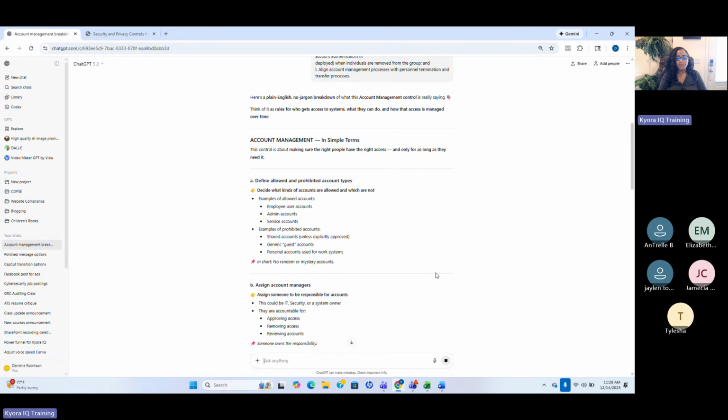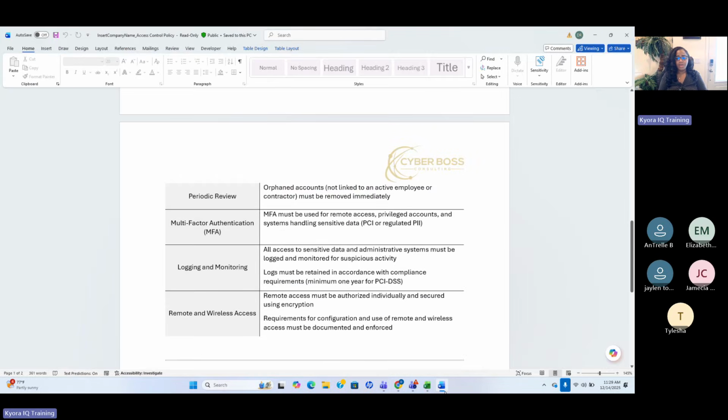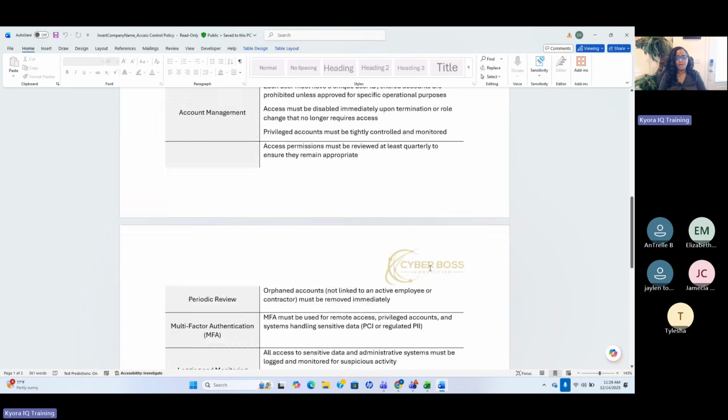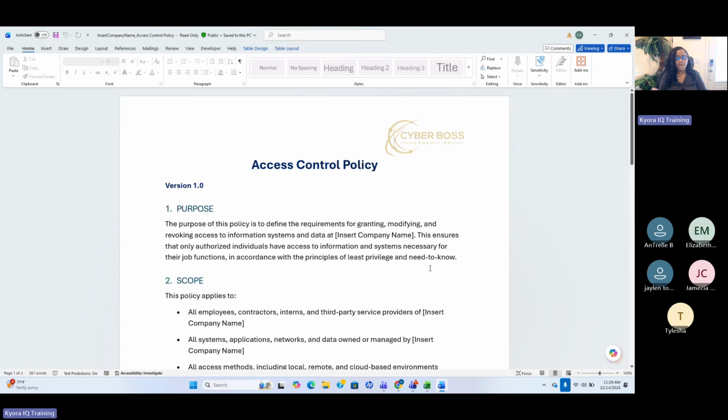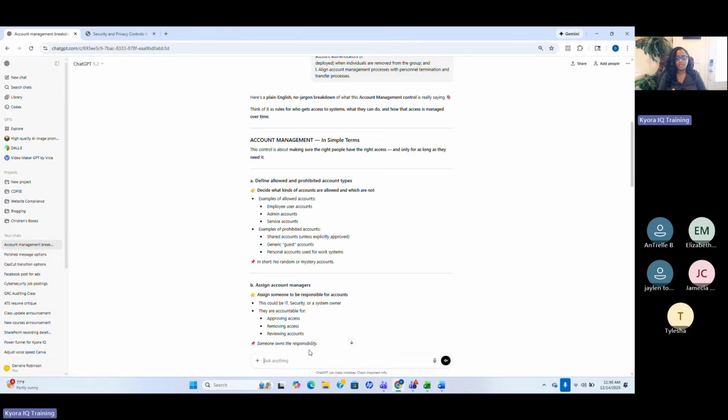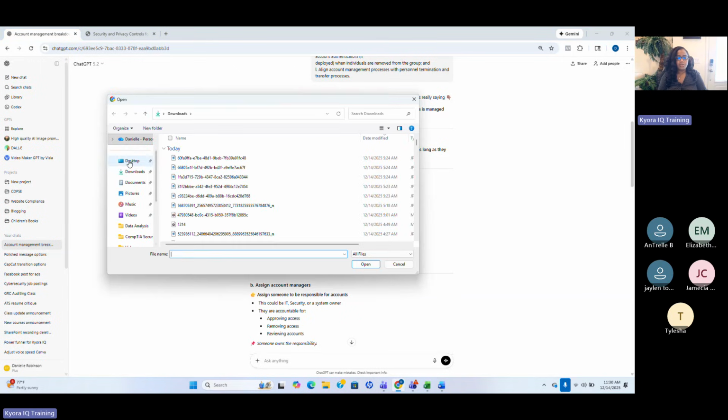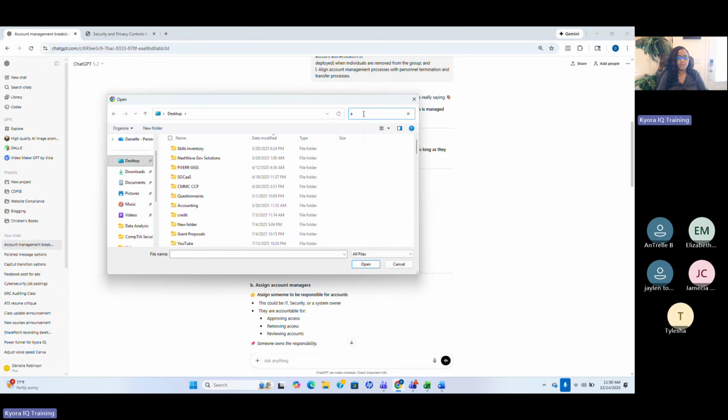So let's say you guys have that policy pack and you're just like, well, I don't understand. How do I know if this policy is even accurate? How do I know which controls to even begin to evaluate? So you can try to do it the easy way.